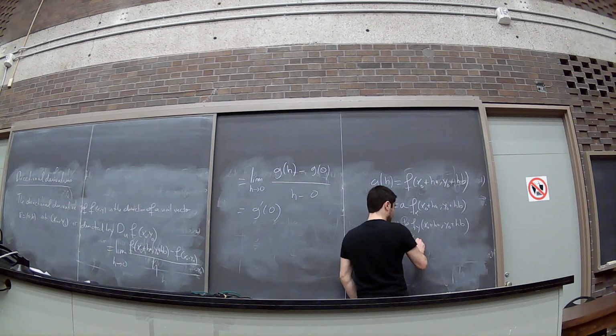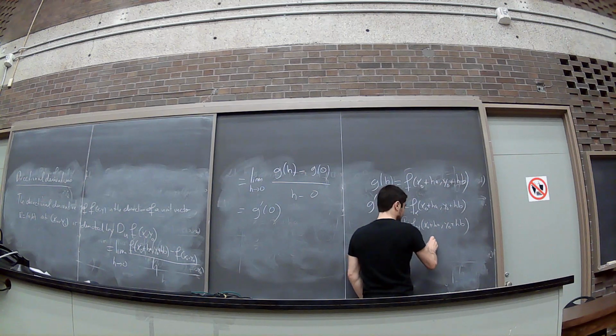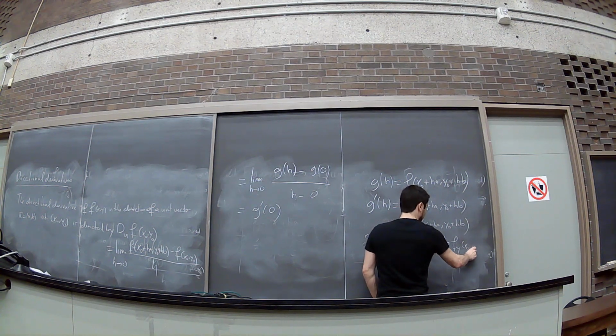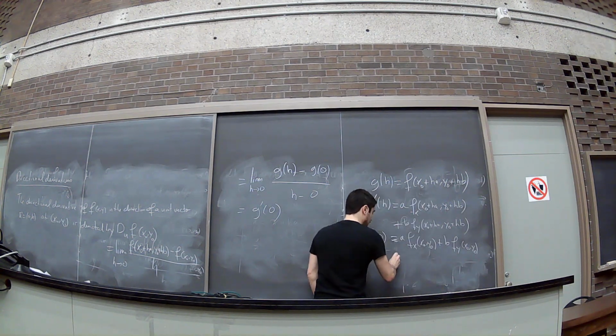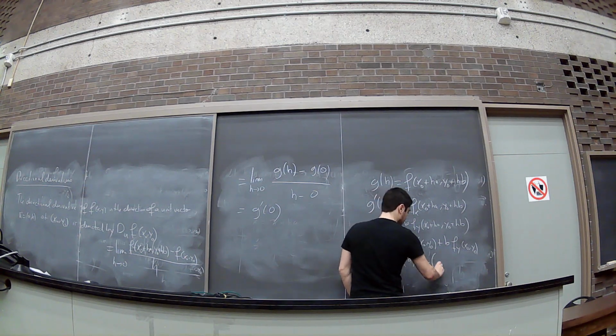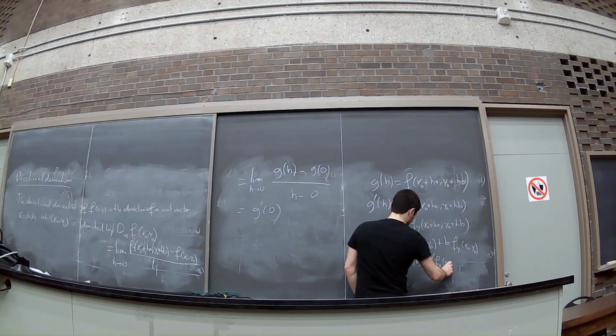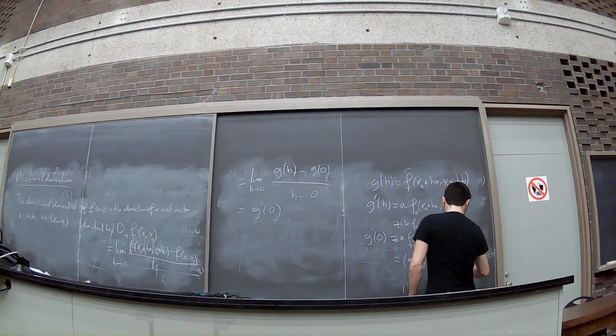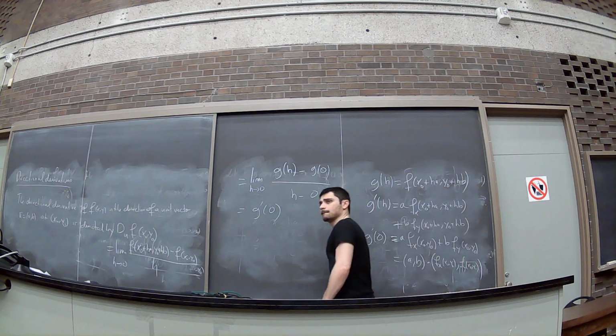You get a, plus b, f_y. I'll write it this way: (a, b) dot.